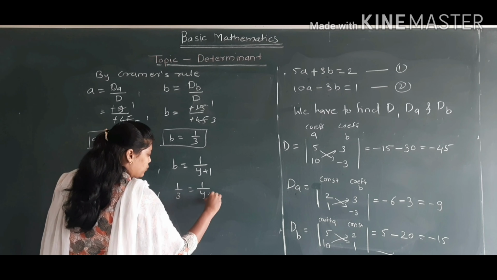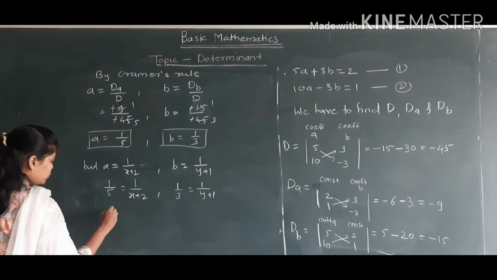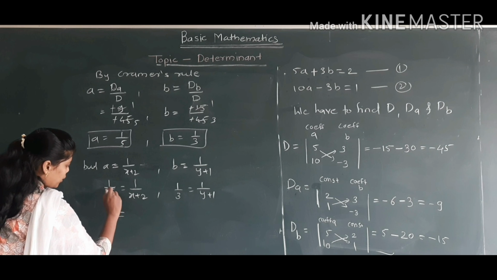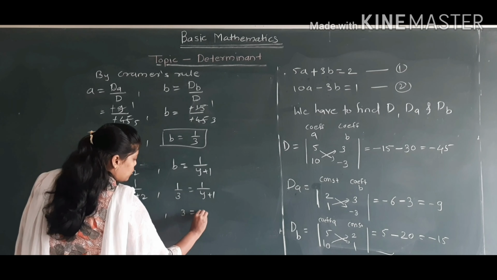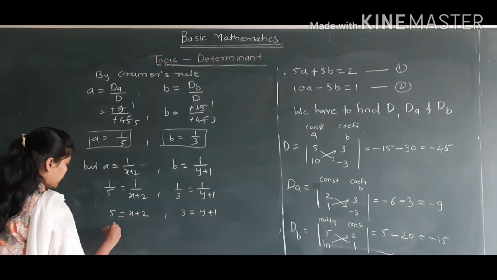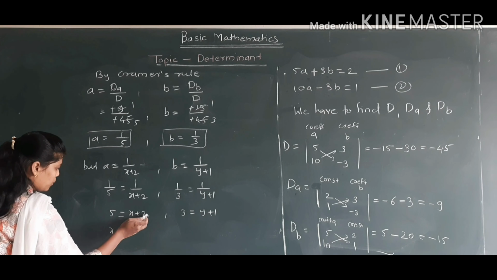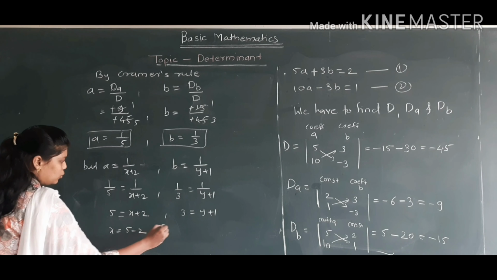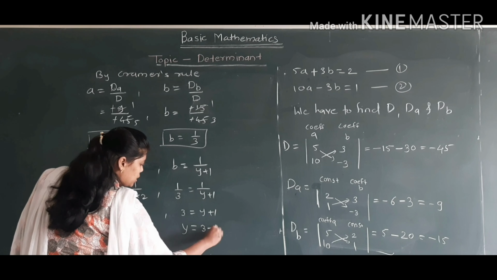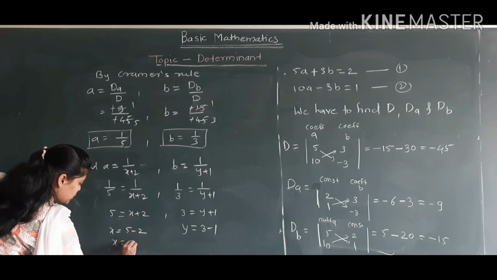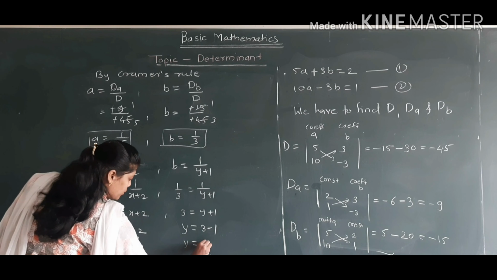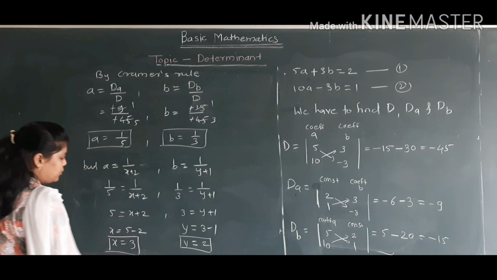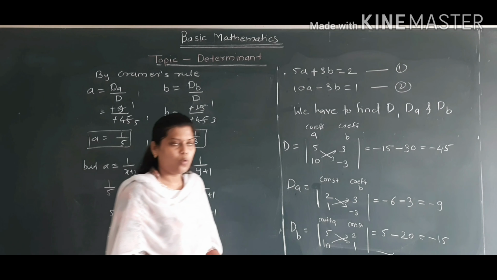By the inverted or reverse process, 5 is equal to x plus 2 and 3 is equal to y plus 1. So x is equal to 5 minus 2 and y is equal to 3 minus 1. Therefore, x is equal to 3 and y is equal to 2. We get the values of x and y.